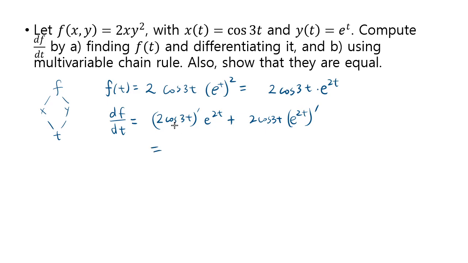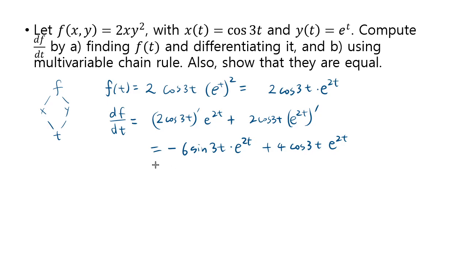And cosine differentiates to negative sine, but because of the chain rule, there will be an extra 3 multiplied, so it will be negative 6 sine 3t times e to the 2t. And differentiating e to the 2t will give you 2 times e to the 2t, so it's plus 4 cosine 3t e to the 2t.